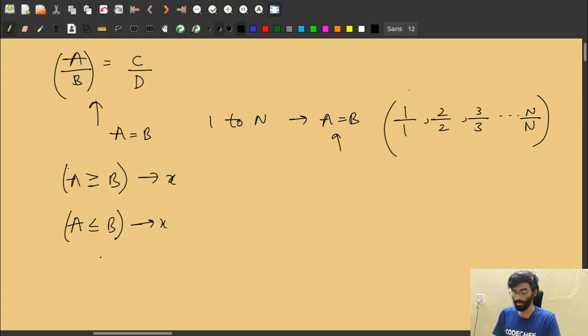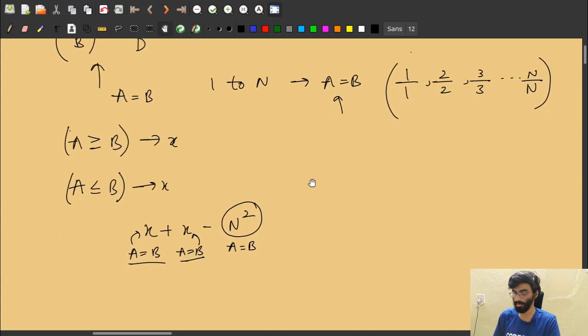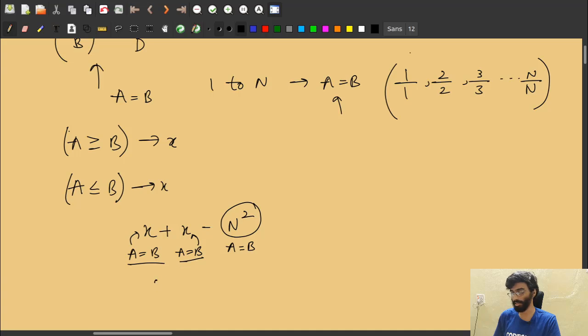Therefore the total pairs will be x plus x minus n square, as we are considering a equals b in both, and we have to subtract it once. So this is the number of pairs when a is equal to b, therefore we have to subtract it at least once, as we are counting the a equals b pairs in both of the cases. So our final answer will be 2 times x minus n square.